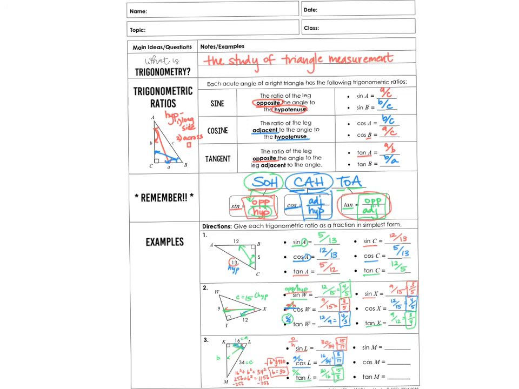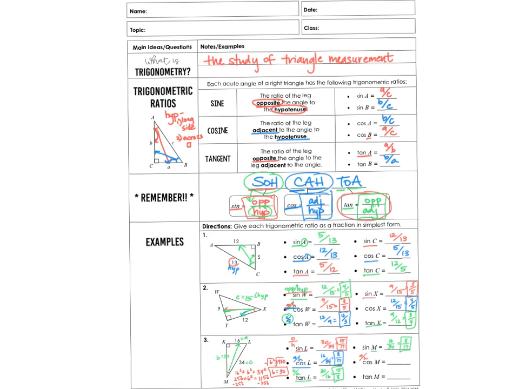So I'm going to erase these. B was 30. So the sine of M, we're looking here. Sine is opposite over hypotenuse. So opposite is 16, hypotenuse is 34. Divide them both by 2, you get 8 over 17. Cosine is adjacent over hypotenuse.